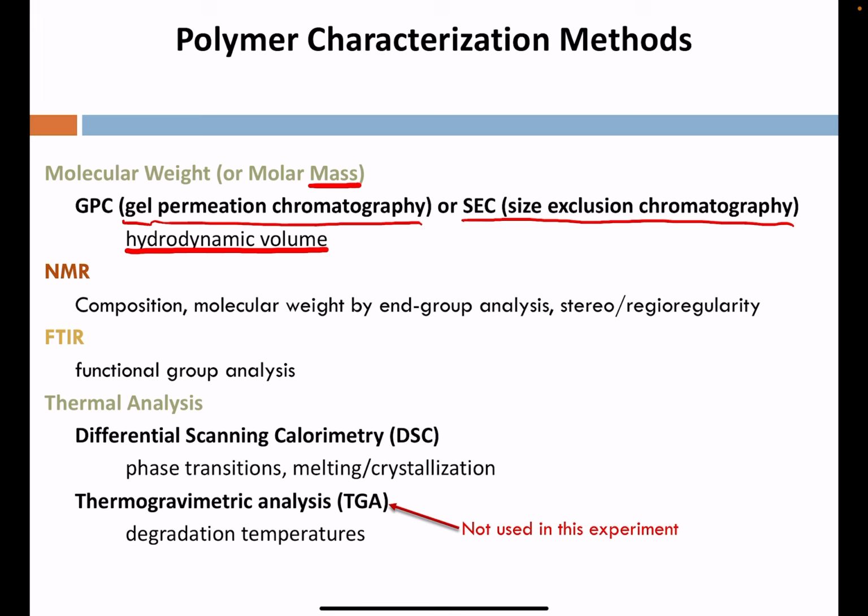NMR, on the other hand, we have learned elsewhere is good for determining composition, and provided that the molecular weight of the polymer is not too high, that is to say less than approximately 5,000, we might be expected to see end groups that are chemically unique from any repeating units in the chain, and we could determine molecular weight by NMR.